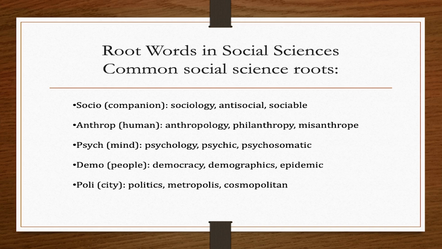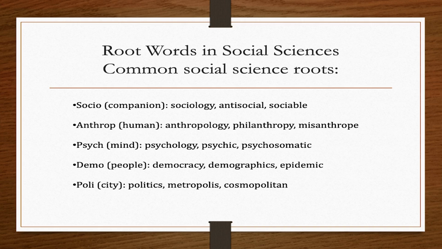Poly, related to city. Politics, metropolis, cosmopolitan. So these are some of the root words in social sciences. If you go to Google and try to search some of these root words in various disciplines, you'll find a lot of them.